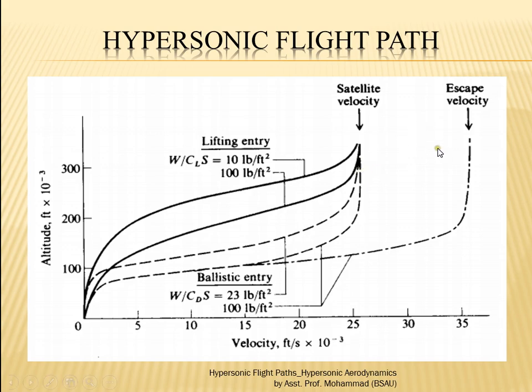The first thing is, when re-entry happens, concerning velocity, the vehicle enters with two different types of velocity. One is called satellite velocity.